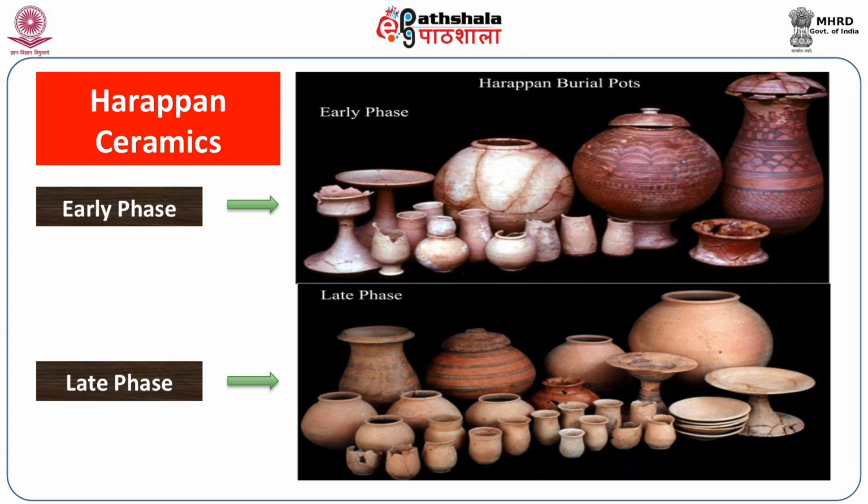For that, the bottom one, which has the S-shaped jar or dish on stand, you can see the typology, the shape of the dish on stand. The dish on stand on top has a long stem, whereas the lower one has a short stem. So based on this typology, you can define whether it belongs to the early cultural phase or the late cultural phase.